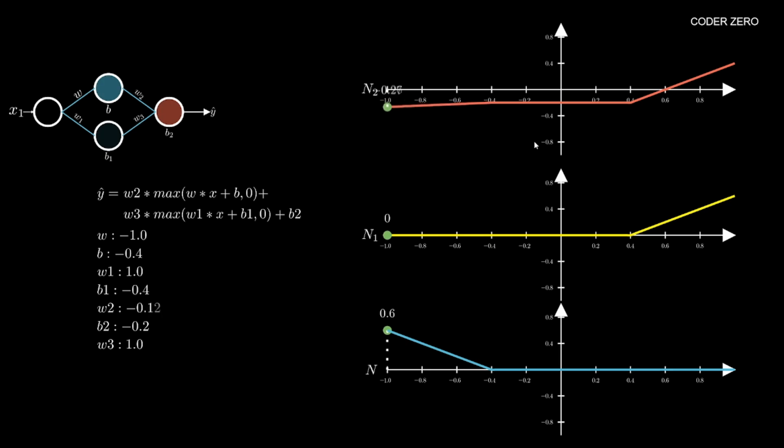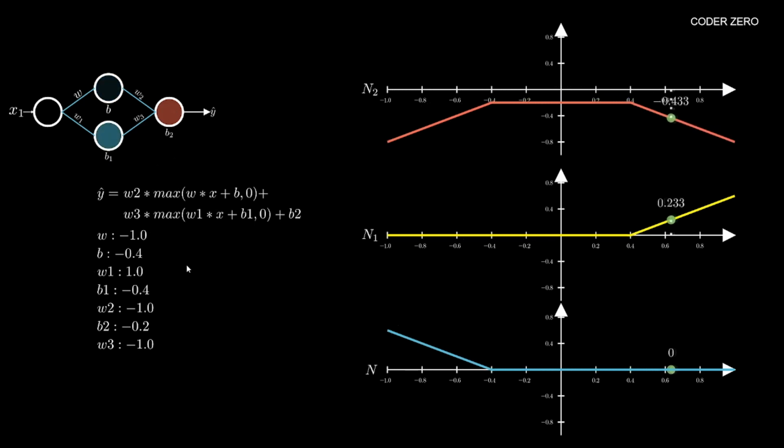So by combining multiple neurons, we are able to overcome the limitation of ReLU, and we are able to get different kinds of shapes from the combination of different weights and biases.